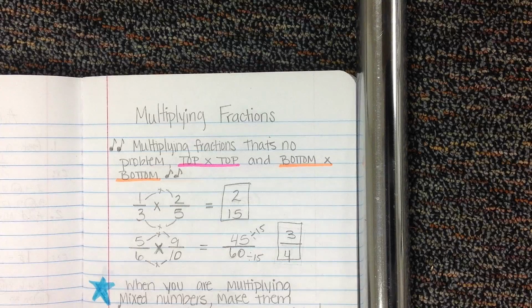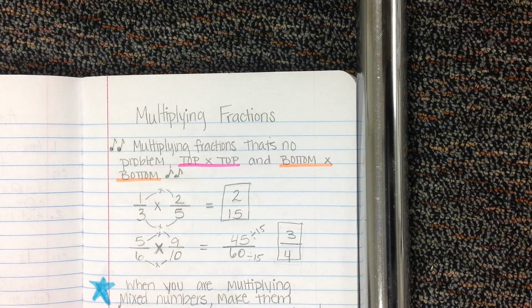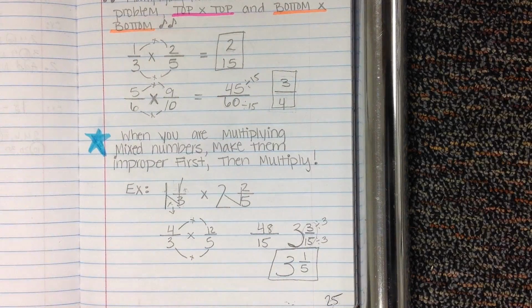If you get a signature from a parent or a sibling in your home, not your best friend at school, but somebody at your house, and bring it to me, show me tomorrow, then I will give you something in class. You've got to get them to sign right here on your page in your notebook, and for them to sign, I want them to hear you saying multiplying fractions, that's no problem, top times the top, and bottom times the bottom. Okay? Thank you for doing your homework tonight, and we'll see you in class tomorrow.